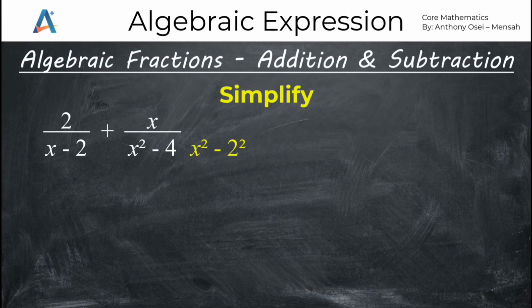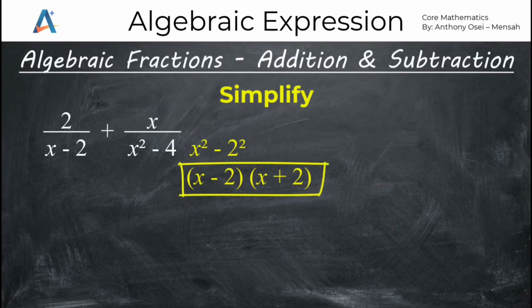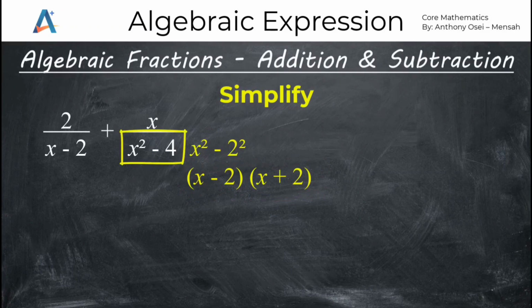In view of this, we open and close two different brackets, with the addition and subtraction of the two terms, which is x minus 2, x plus 2. So x squared minus 2 squared turns into x minus 2, x plus 2 as the final factorization. So we will replace x squared minus 4 by x minus 2, x plus 2.